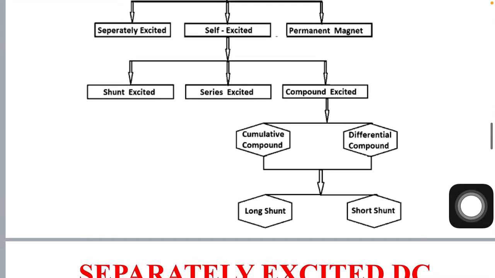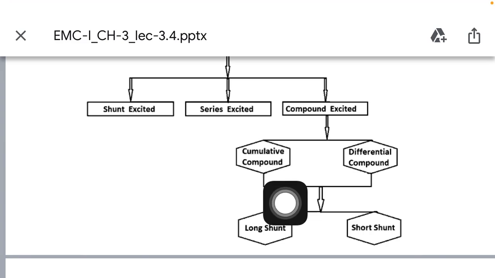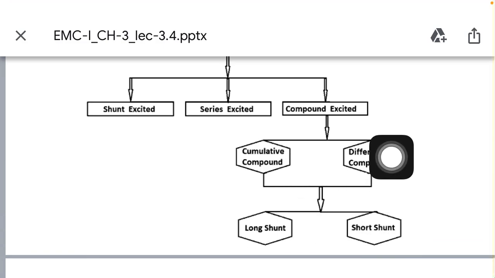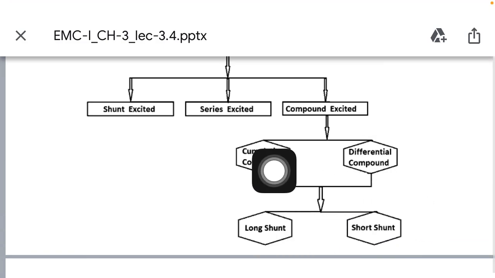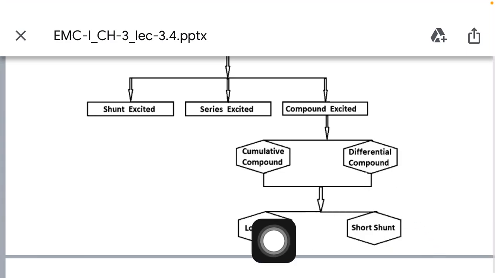Further, the compound has two types, cumulative compound and differential compound, and each of these has two: long shunt and short shunt. So cumulative has two, differential has two, and I am merging them and defining that.